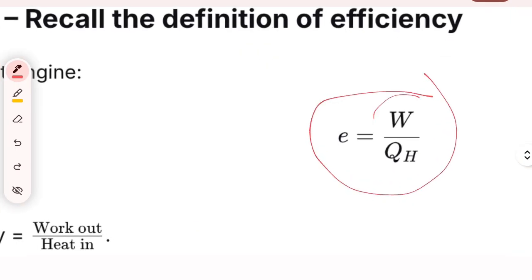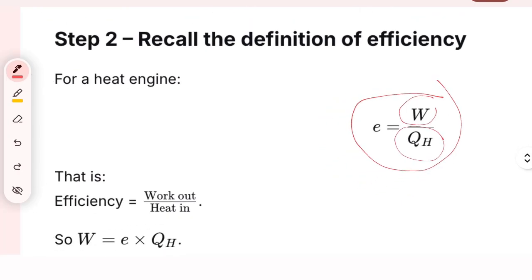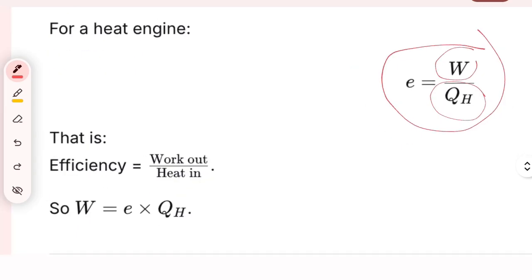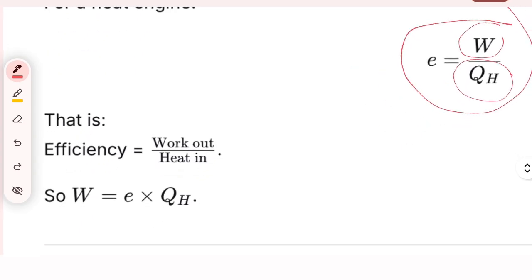If we translate that into words, the efficiency is equal to the work out divided by the heat in. All right, so that's E.